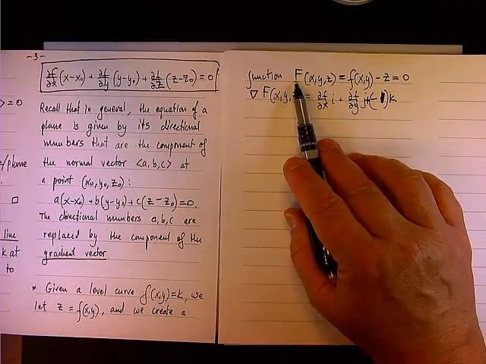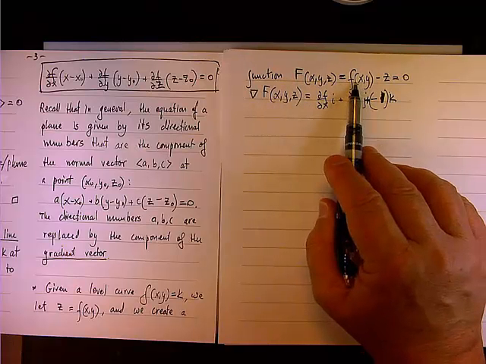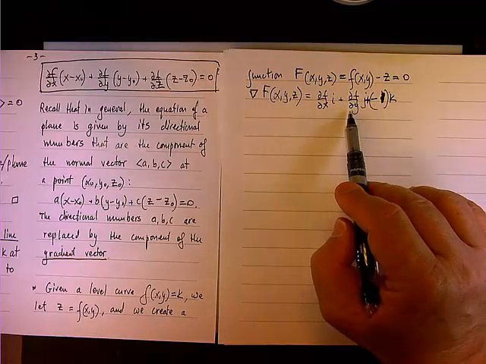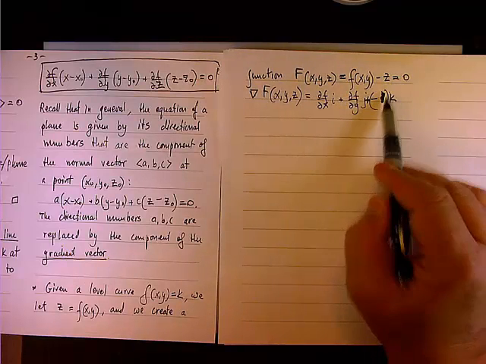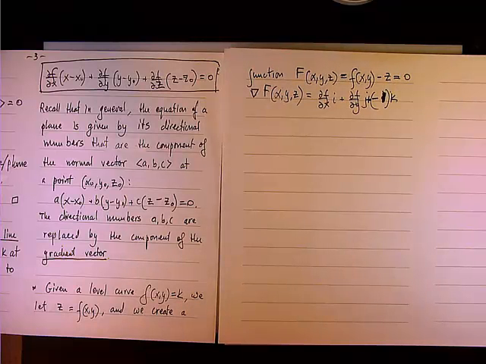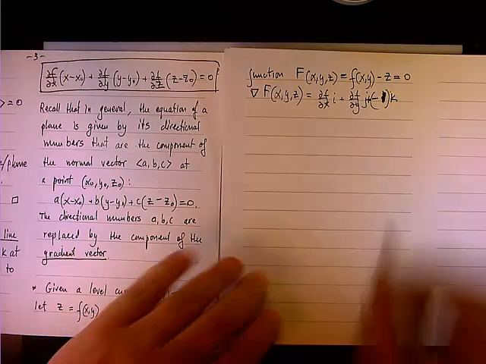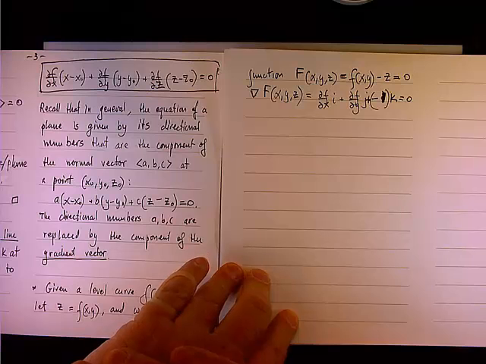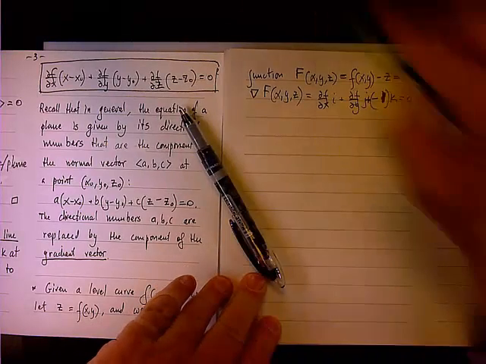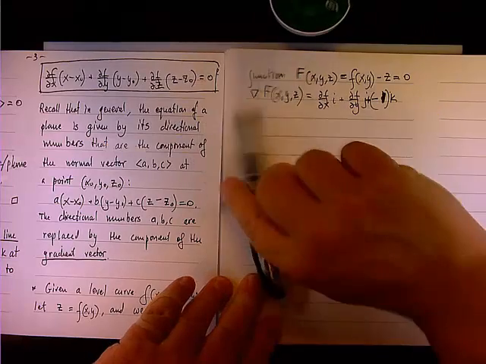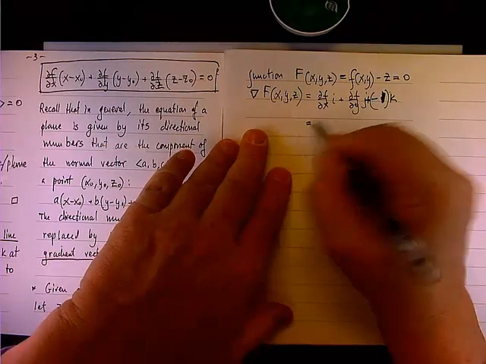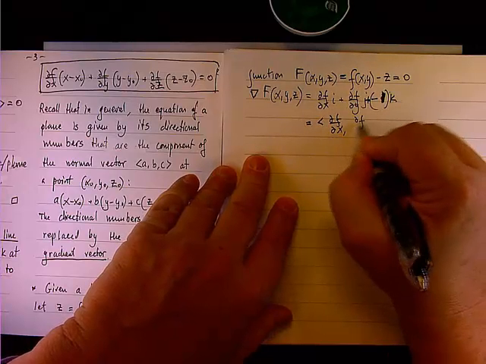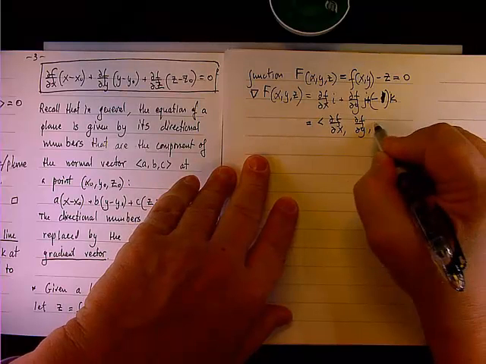So del F uppercase del x is really del f lowercase del x, del F uppercase del y is del f lowercase del y, and then del F uppercase del z is simply -1. Make sense? And of course the derivative of 0 is 0. Actually we're talking about the gradient, so we don't have to worry about that. So in vector components, we're going to write it as del f del x, comma, del f del y, and then -1.